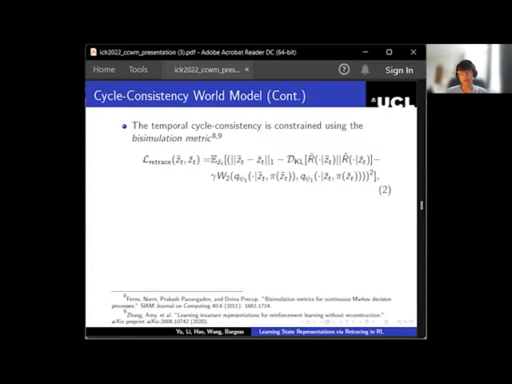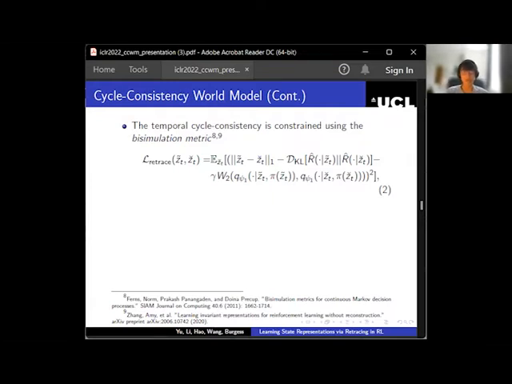Instead of only using, let's say, the Euclidean distance between the representation vectors of the original and the retraced states, we use a stricter constraint on the temporal cycle consistency, which is the so-called bisimulation metric loss, shown in equation 2.